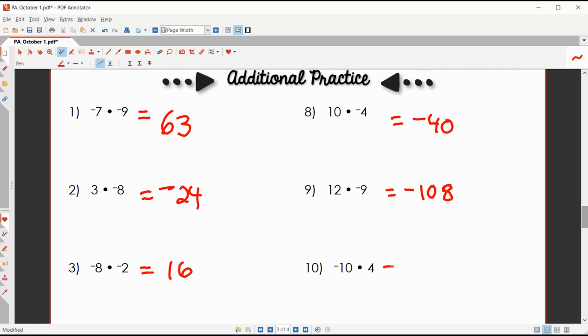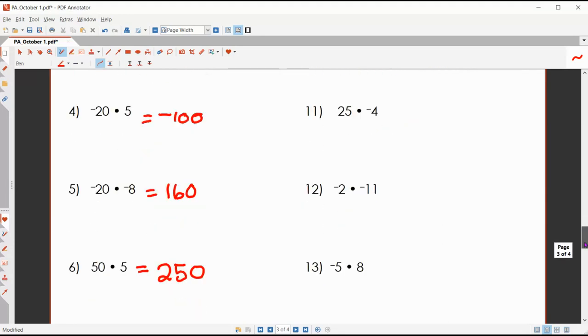Negative 10 times a positive 4 is a negative 40. 25 times a negative 4 is a negative 100. Negative 2 times negative 11 is a positive 22. Negative 5 times a positive 8 is a negative 40.